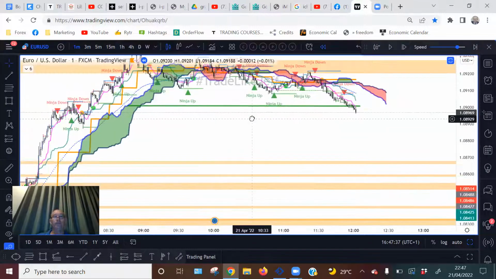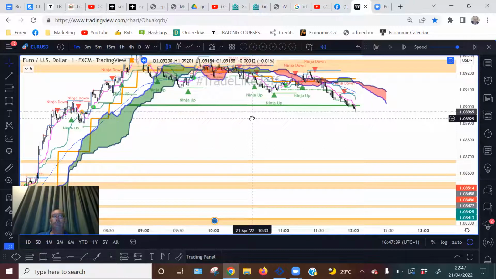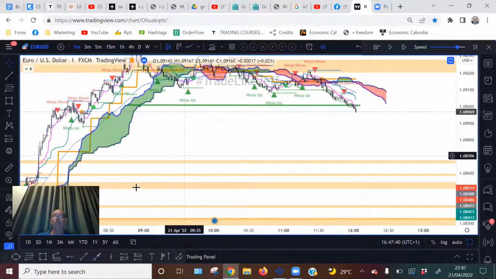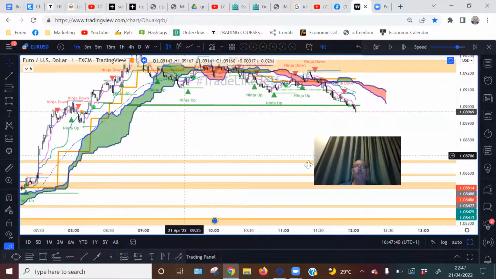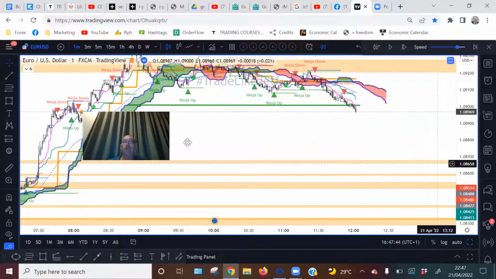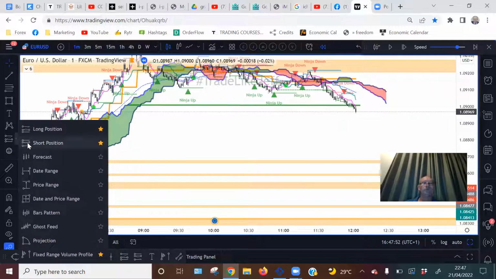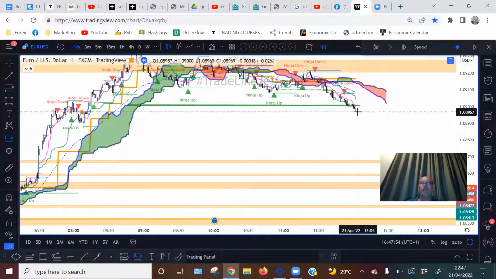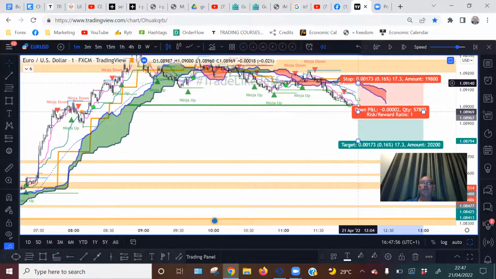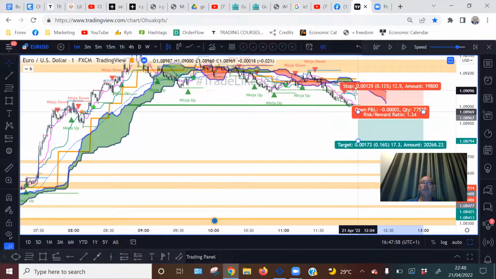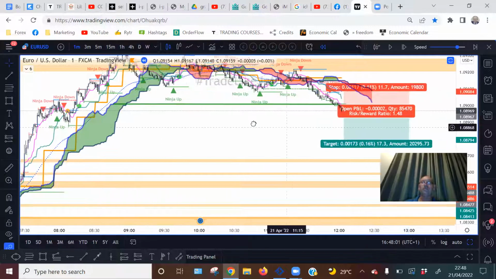Do I get into the trade for a sell? I'd actually probably be quite happy to close the trade there for the day. But let's get in for a sell. Let's see what happens. From there, this one I'm going to put stop loss above there actually.